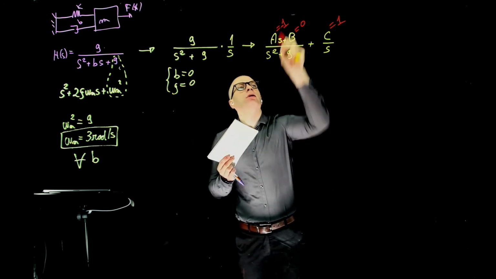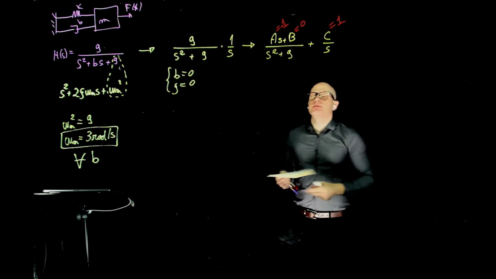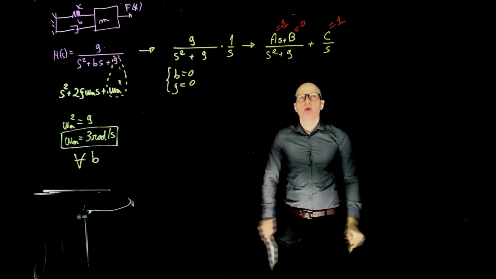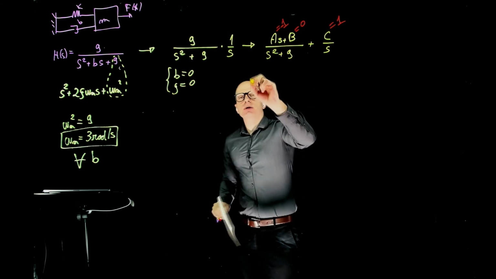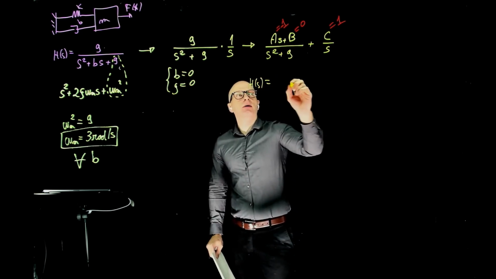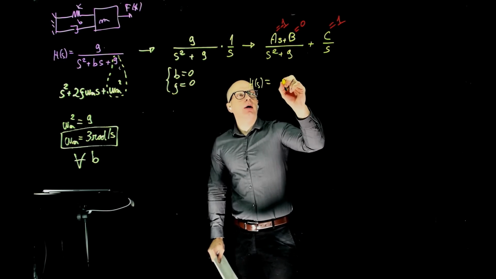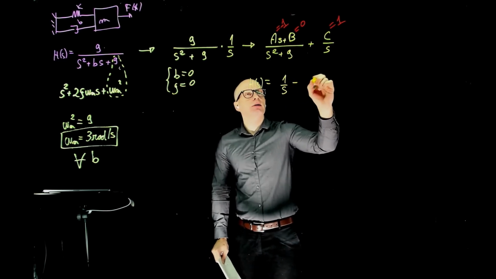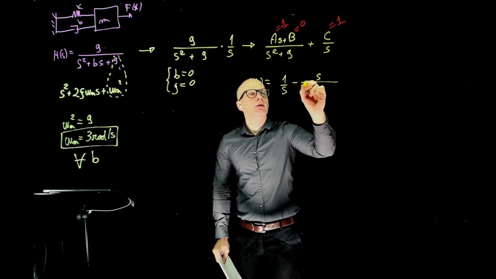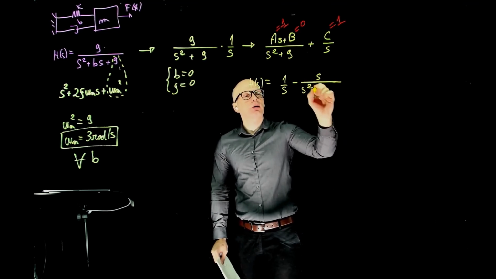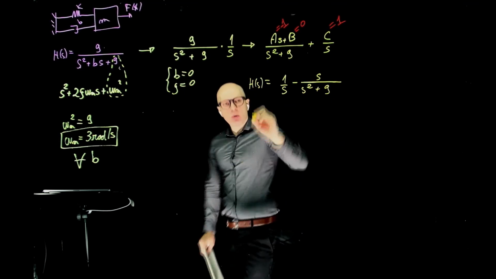Sorry. So we can rewrite it as C over s: 1 over s minus s divided by s squared plus 9. What is h of t?